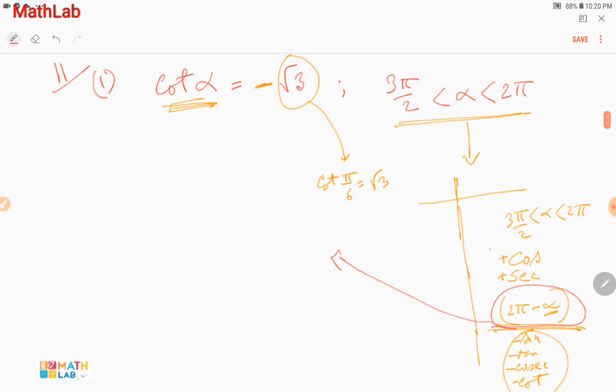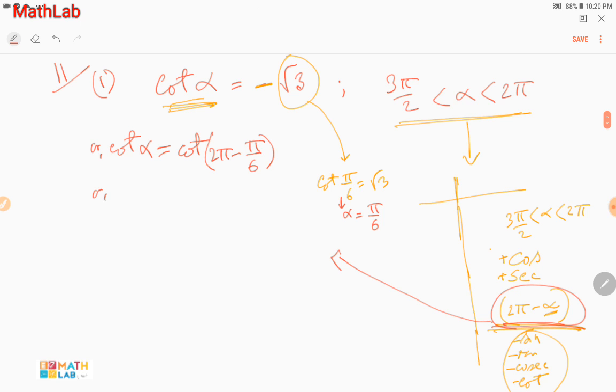Okay, so we can write cot alpha equals cot of that one. That means alpha equals to cot of 2 pi minus pi by 6.